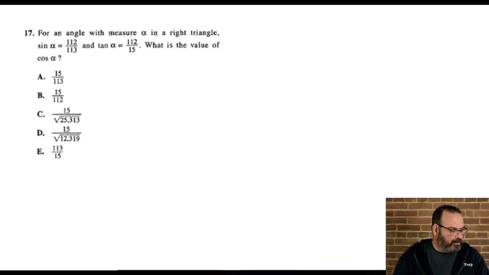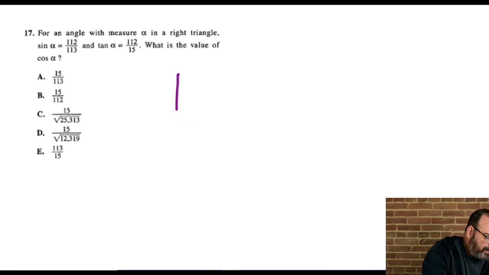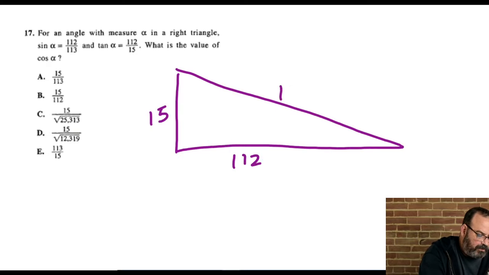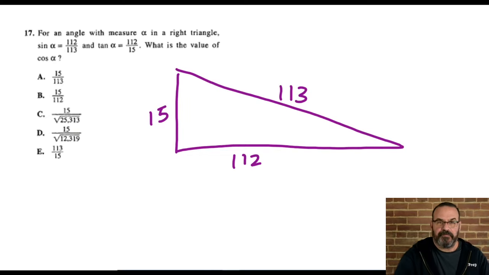This is a pretty old ACT question, and I particularly like this one because the right triangle that they are using is a rare Pythagorean triplet. It is a 15, 112, 113. 15 squared plus 112 squared is equal to 113 squared.